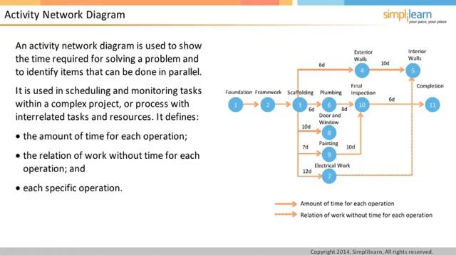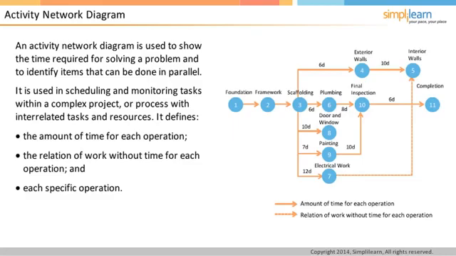The line joining electrical work and interior walls is dotted. This shows relation between them, but without any timeline. Basically, it means that electrical work has to be done before interior walls, but the time is either not important or not available. Let us proceed to the next topic of this lesson in the following screen.